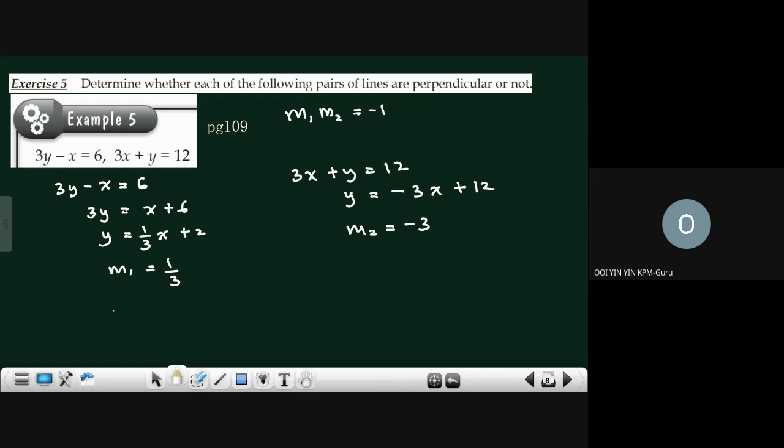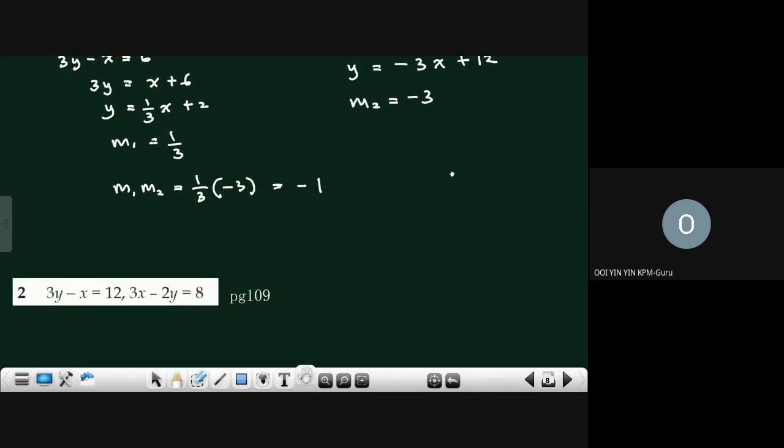Now I want to see whether m1 multiplied by m2 is negative 1. So m1 multiplied with m2 gives me 1 over 3 times negative 3, which becomes negative 1. Because it's negative 1, it's proven. That means when you multiply these two gradients together, it becomes negative 1.